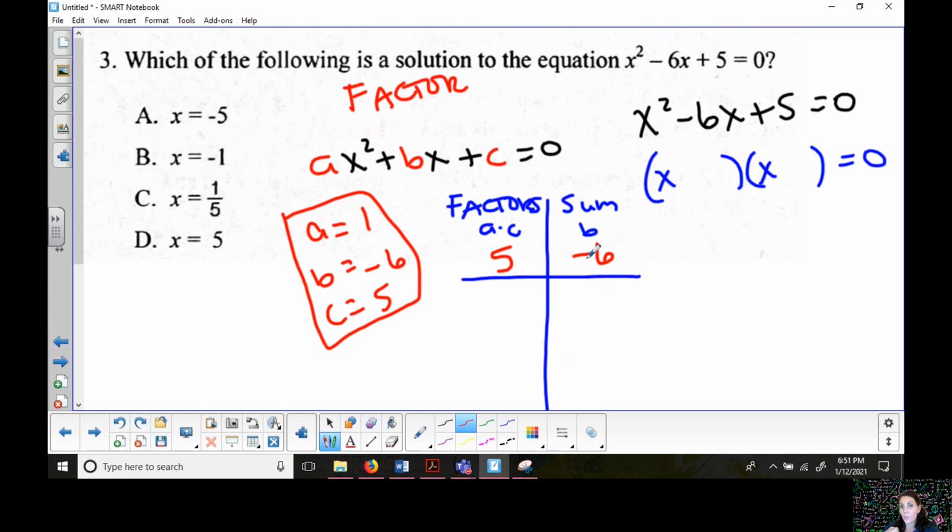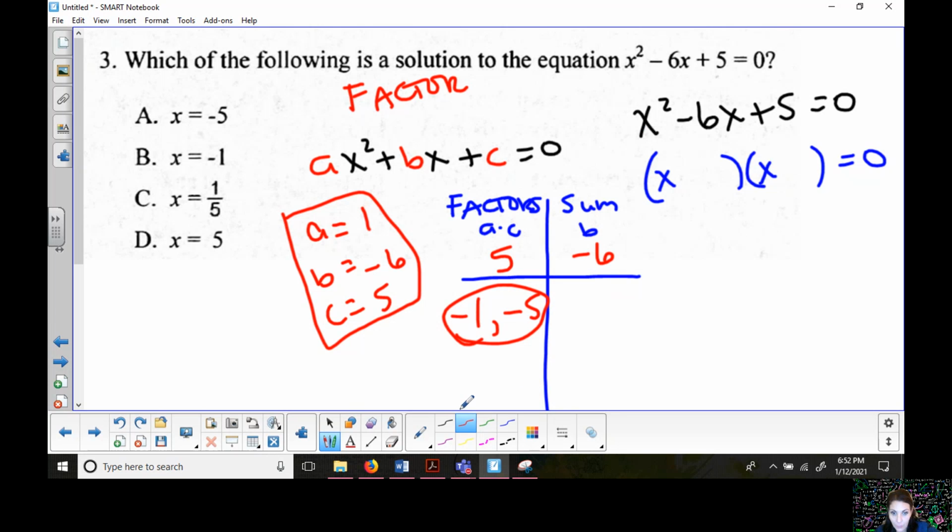Because when we add them up, we get a negative, right away I know that both of these factors are going to be negative. And now because 5 is a prime number, 1 and 5 are the only two numbers that go into 5. So our factors are going to be -1 and -5. When we combine them by adding, are the signs the same? Yes. So we add and keep the sign. So yes, when we add these up, we get a -6.